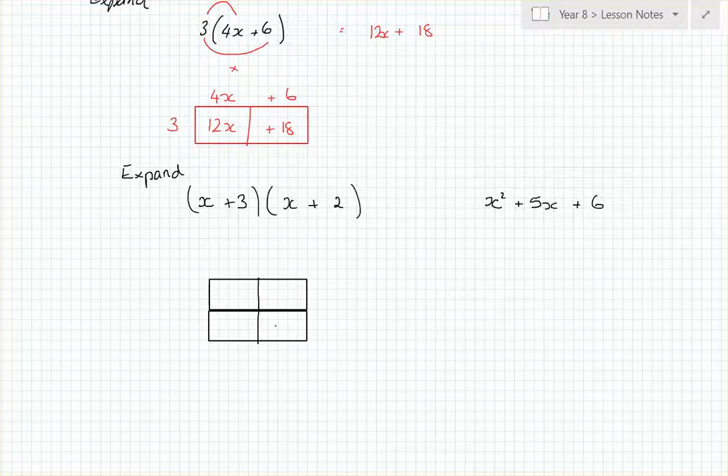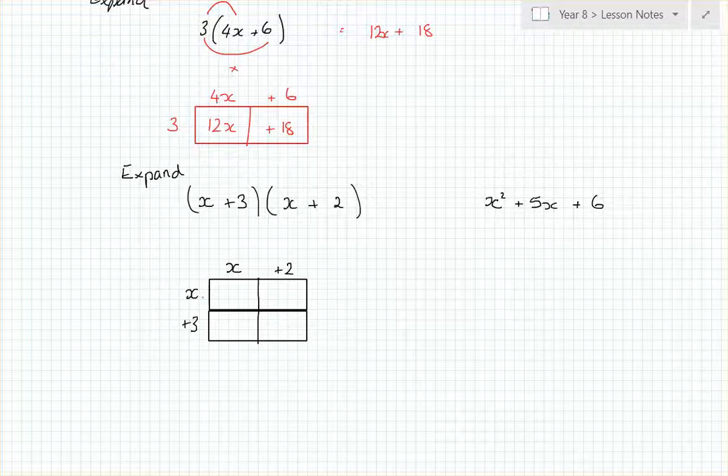Now I'm going to put my x plus 3 on one side, and my x plus 2 on the other side. Doesn't matter which way round, obviously, because it's multiplication. So first of all, does that make sense? Yeah. So you're happy with why I put the numbers, and then we've just got to multiply.